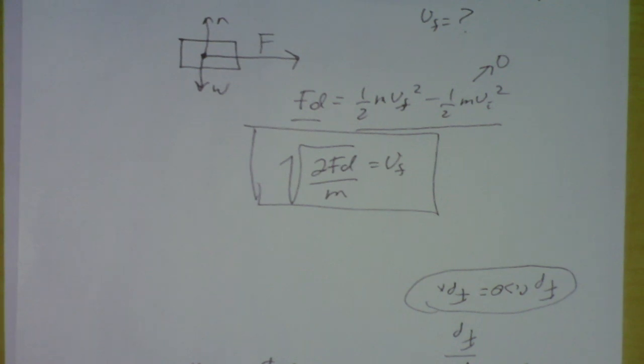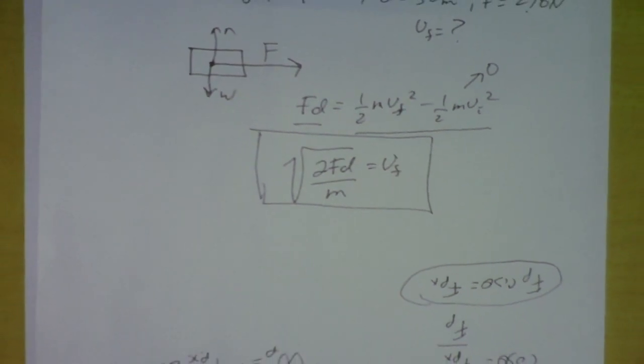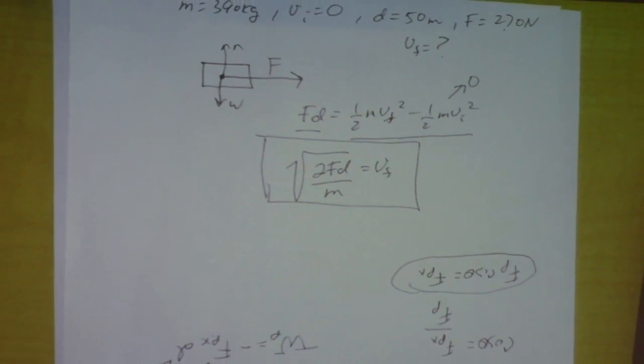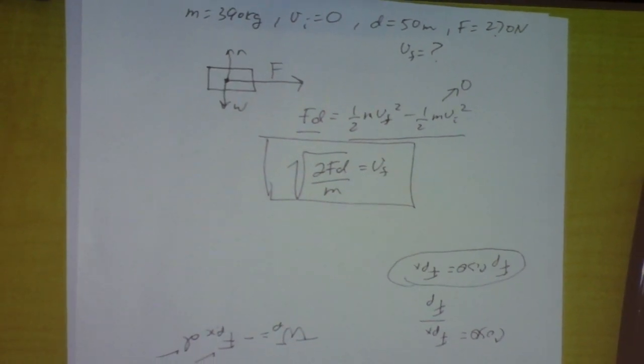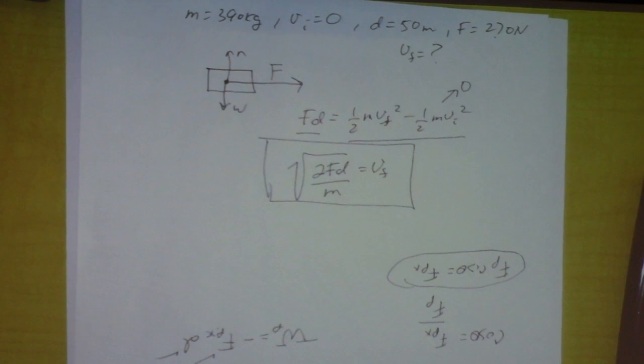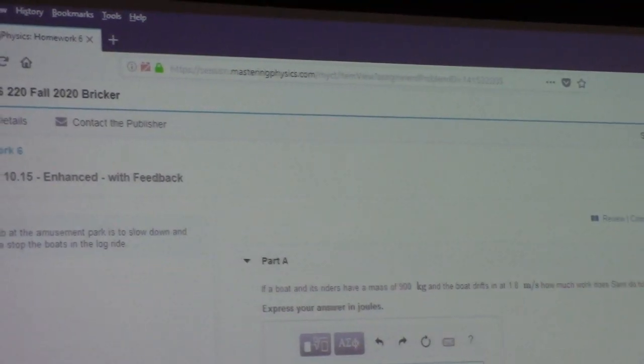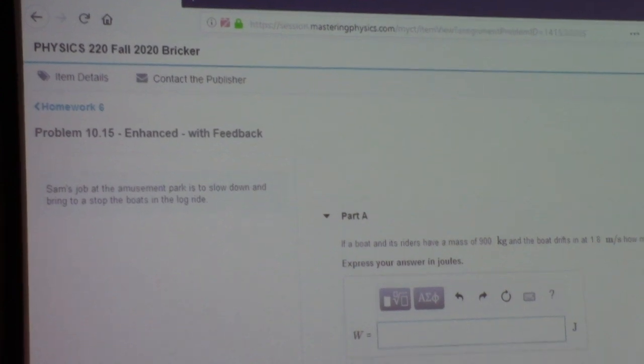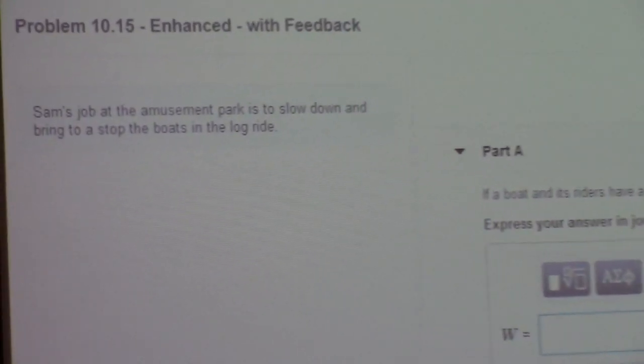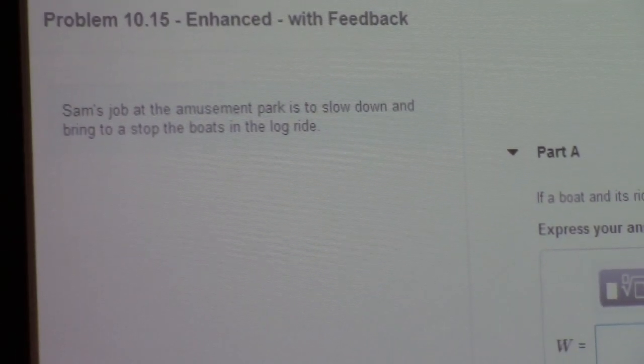Let's look at number 15 from the homework, from chapter 10. Sam's job at the amusement park is to slow down and bring to a stop boats in the log ride.